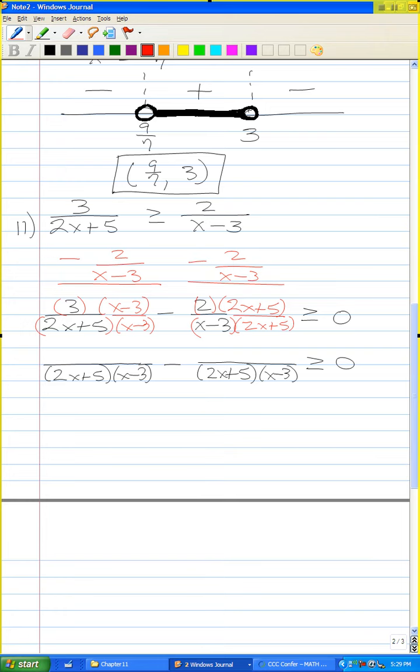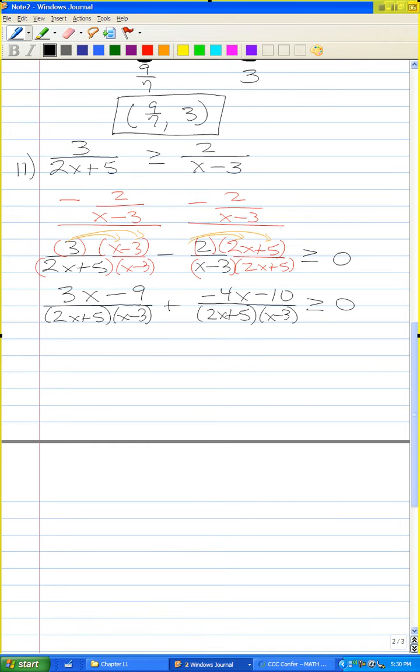Let me multiply 3 inside the parentheses, negative 2 inside the parentheses. And so I get 3x minus 9, negative 4x minus 10. Combine like terms and write this all over the common denominator.